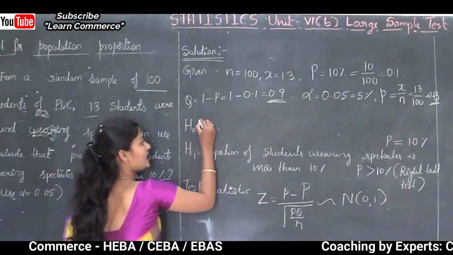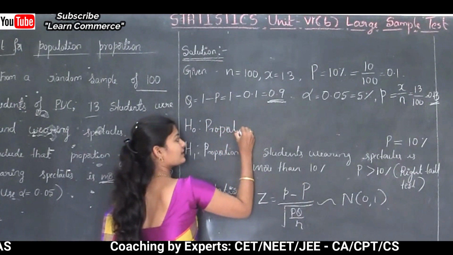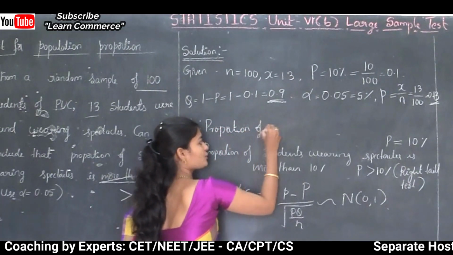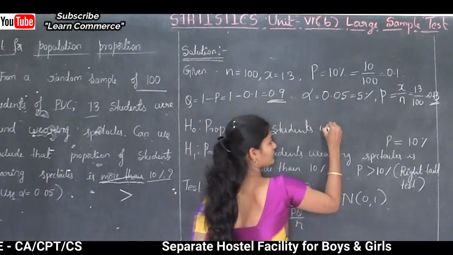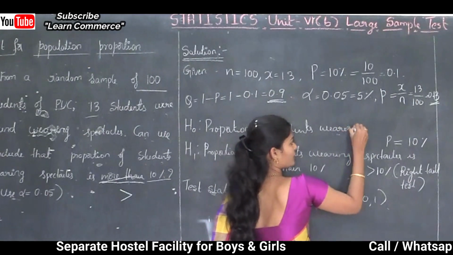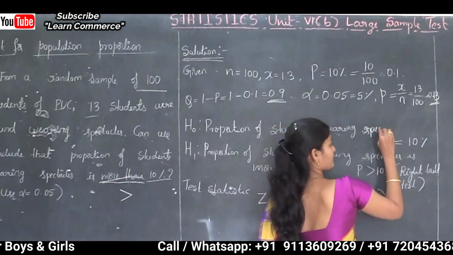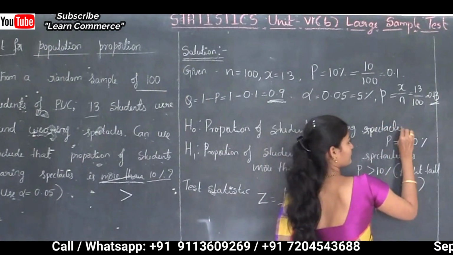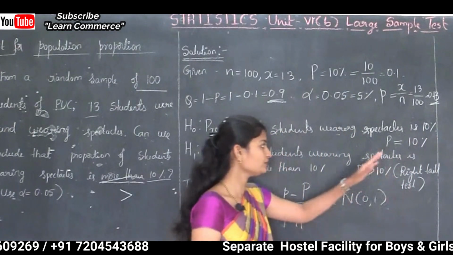So our null hypothesis is: the proportion of students wearing spectacles is 10%, that is P is equal to 10%.